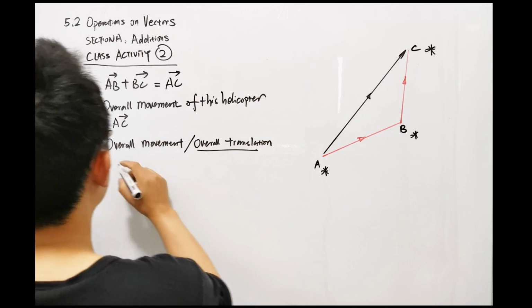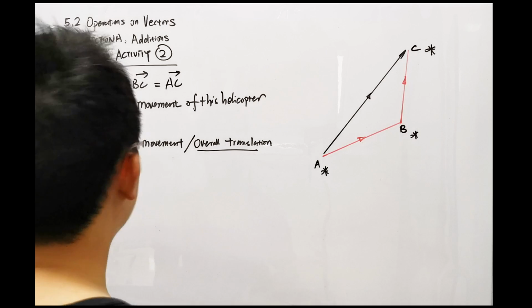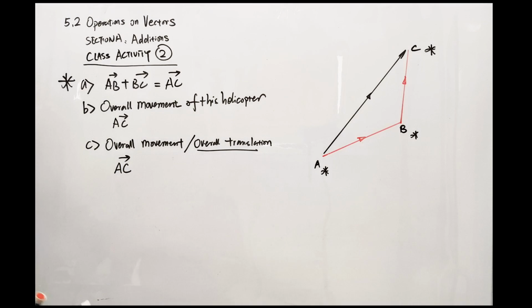And then we can use a single vector, AC. This is what we have learned from the first example.